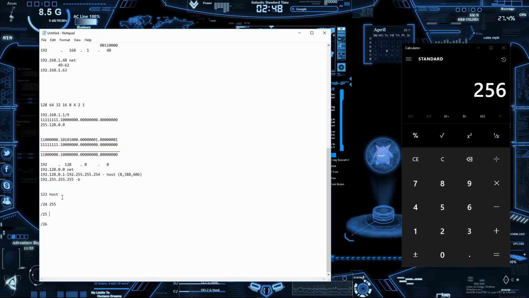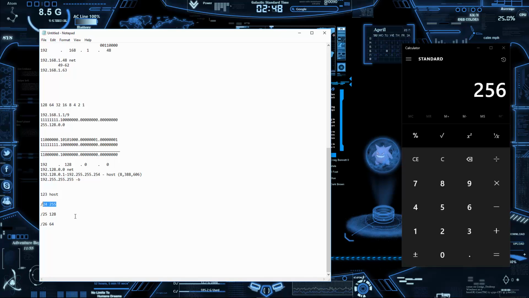So in this case, what's /25? Well, basically it is 128, and that means 126 usable hosts. We just need 123, and that's probably the closest you're going to get. /26 is 64 hosts, and that's obviously way too little.